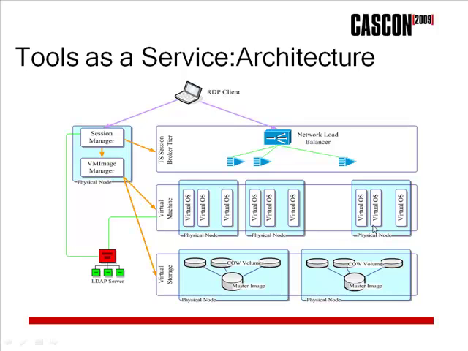At the middle tier, we run the virtual machines, and each virtual machine is made of a virtual operating system and the binary of the tool that we want to offer as a service. At the very top, we have a session tier that includes a network load balancer. The role of the balancer is to evenly distribute the load between different virtual machines such that the response time observed by the user is within specific limits.